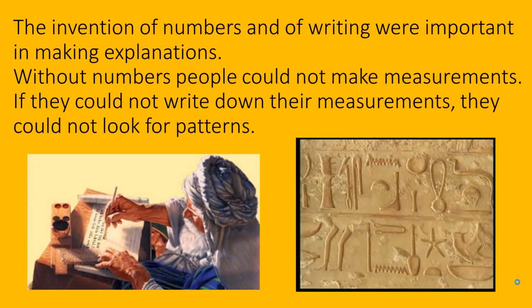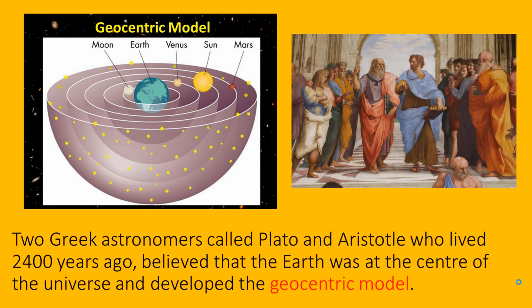Now, the geocentric model. Two Greek astronomers called Plato and Aristotle, who lived 2400 years ago, believed that the Earth was at the center of the universe and developed the geocentric model. So, what is the geocentric model?